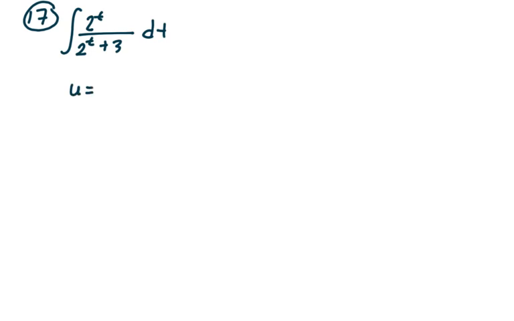Let's take a look at problem number 17. On problem 17, we have the following. We have 2 to the t divided by 2 to the t plus 3 dt. Let u equal 2 to the t plus 3.